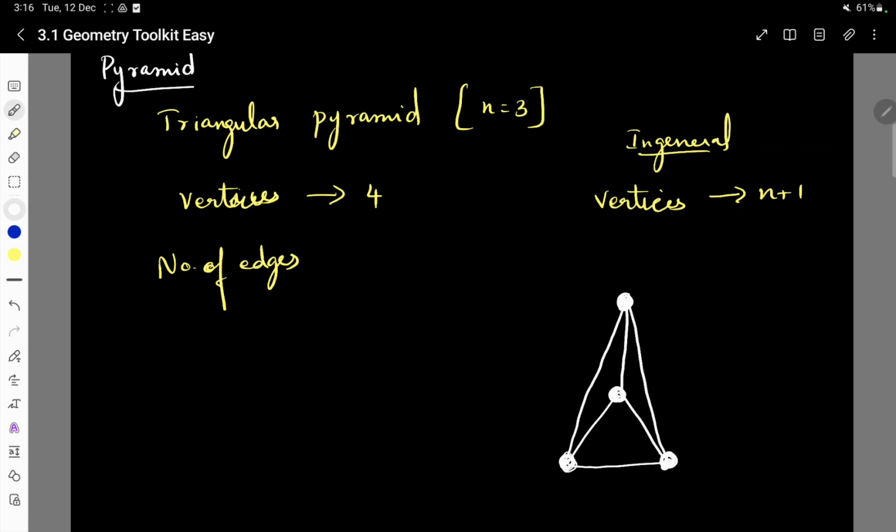So in general the total vertices is n plus 1. And now the number of edges. If we count the edges, 1, 2, 3, then 3 more, 3 plus 3, which is 6 here. I can say it is 2 times n. So in general we can write the number of edges as 2n.